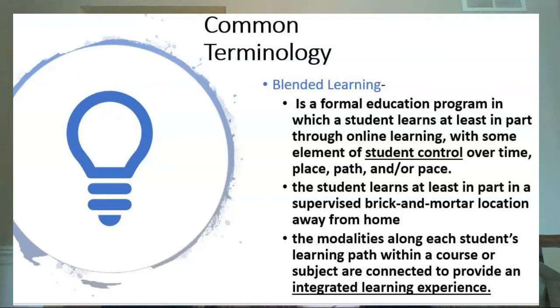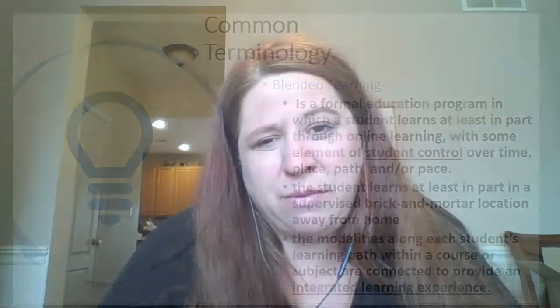In order for it to be blended learning, the student has to have some sort of control over the situation, whether it be the pace of the lesson, the time or location they access the materials, the path they take to get from one end to another. Those are all different elements of what makes up blended learning. So we're combining together online learning, in-school learning, with student choice and flexibility in terms of how they access and work through the online materials and in-class materials.